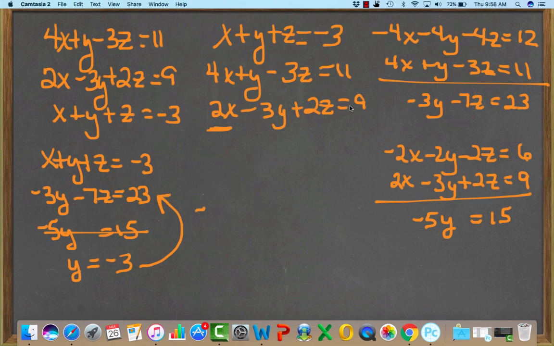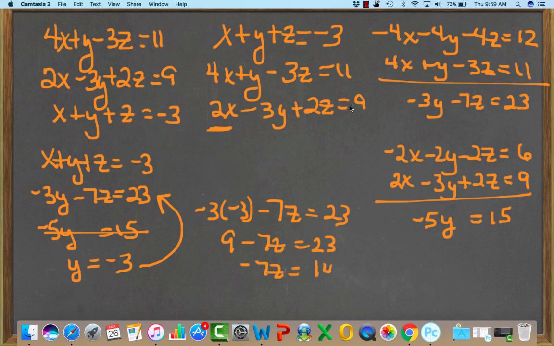So I have negative 3 times negative 3 minus 7z equals 23. So that's 9 minus 7z. But subtract off the 9, and I get negative 7z equals 14, which means z is negative 2. And then we'll back substitute one more time and get x plus y, but we know y is negative 3, plus z, which is negative 2, is equal to negative 3.